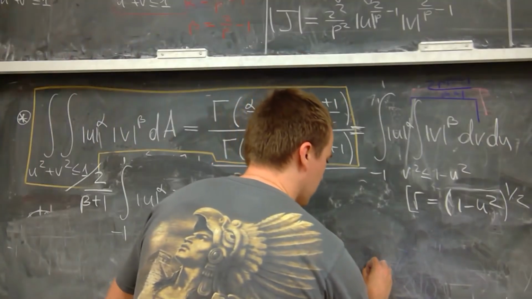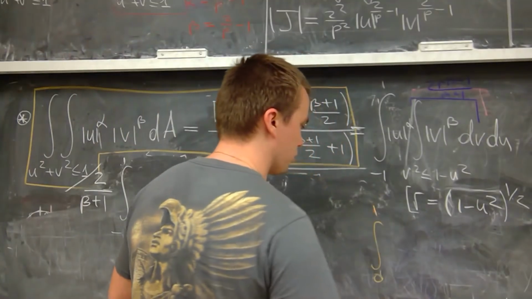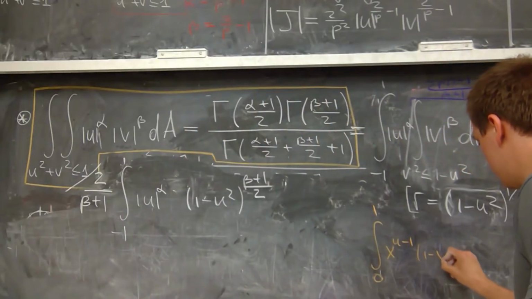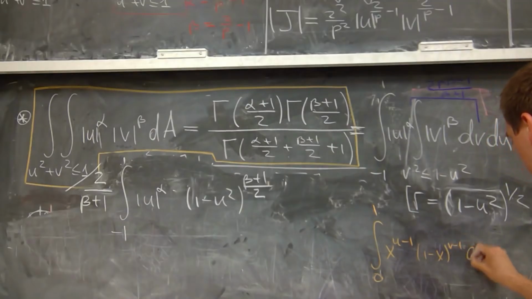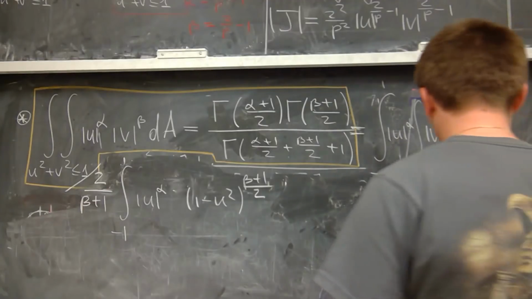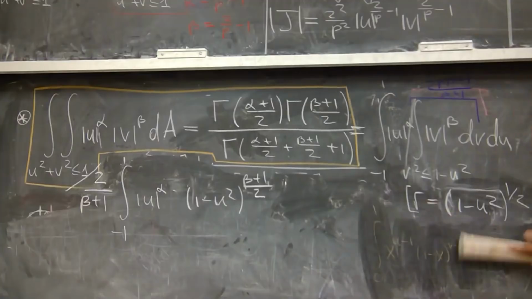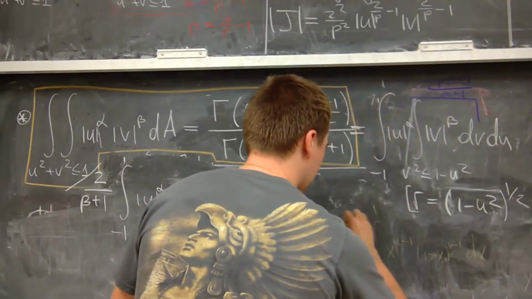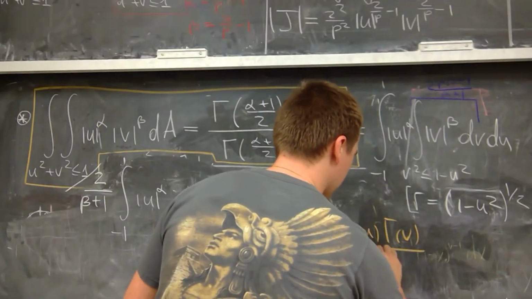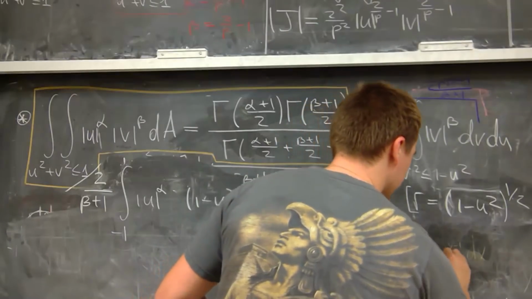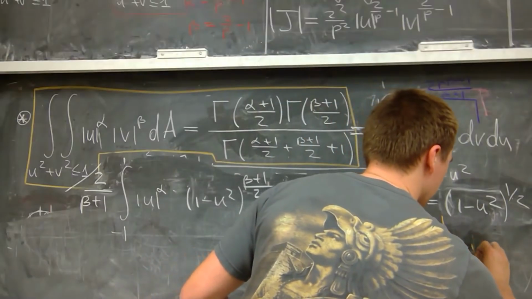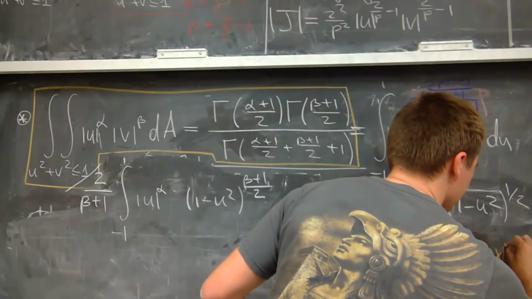I will know that if I have the integral from 0 to 1 of x^(u-1) times (1-x)^(v-1) dx, then this integral is equal to gamma of u times gamma of v divided by gamma of u plus v.